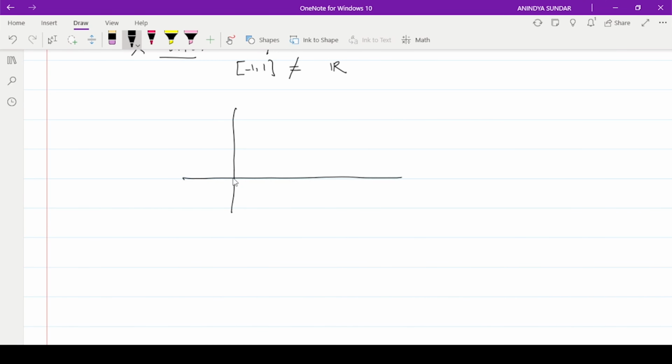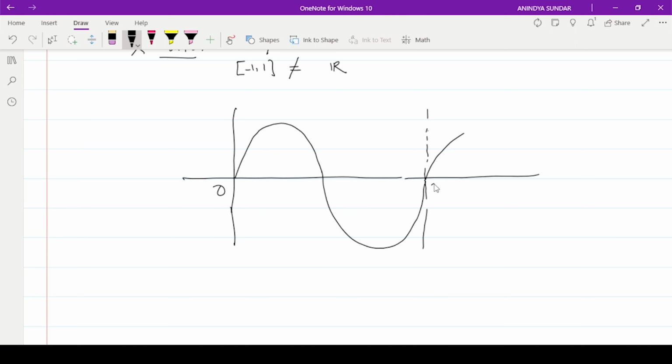If I'm just drawing this sine function again, I'm restricting the sine function in this portion only. I don't want this extra portion. If I see from 0 to 2 pi, this is one particular period.